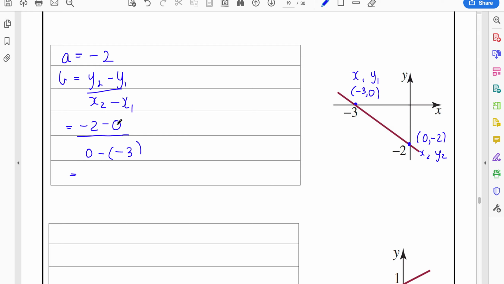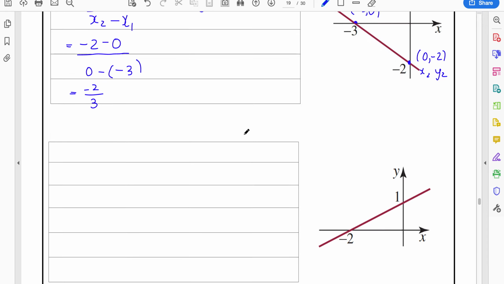So negative 2 take 0 is negative 2, and 0 plus 3, so negative 2 on 3. This just means, therefore, y equals negative 2, and since it was a negative slope here, I make sure I put minus 2 over 3x. So there's our second one.